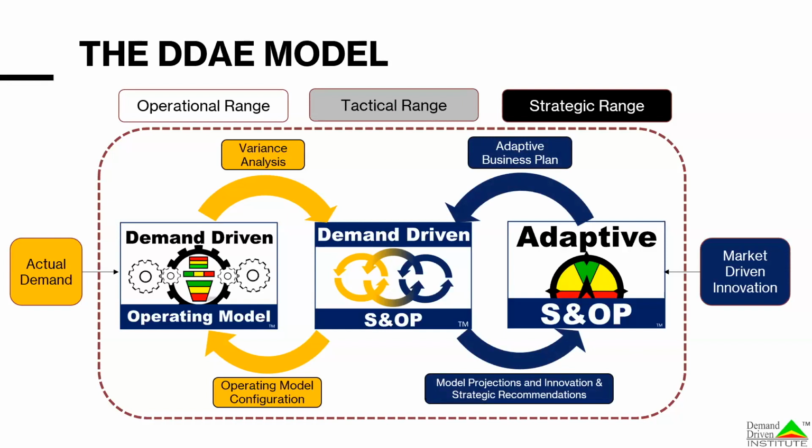Up here on the strategic side, we have what we call an adaptive business plan. It's adaptive because, as we roll forward, the business plan adapts to the environment and to what we're seeing in the future. The adaptive business plan combines with the variance analysis to give us tactical integrated reconciliation. Then we make suggestions up here, and combine that with market-driven innovation. That's strategic integrated reconciliation. We're looking out farther in time.